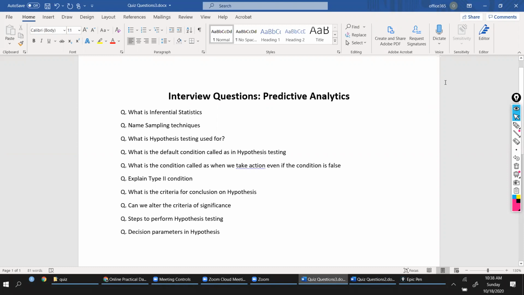The test statistic will give us the chance, probability, which is likelihood of the estimate, right? And based on the level of significance, we basically go about accepting or rejecting the default condition, right? How do we interpret this?